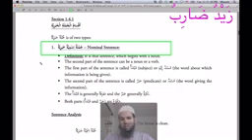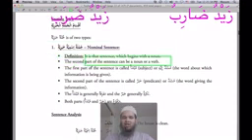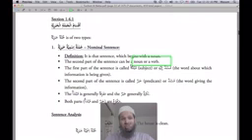Zaidun daribun. This is what they mean when they say the second part of the sentence could be a noun or a verb. With a verb, it's very straightforward. We could say zaidun nama, Zaid slept, or zaidun naimun, Zaid is a sleeper, or is sleeping. Same thing, zaidun fa'ala, Zaid did, or zaidun fa'ilun, Zaid is the doer.